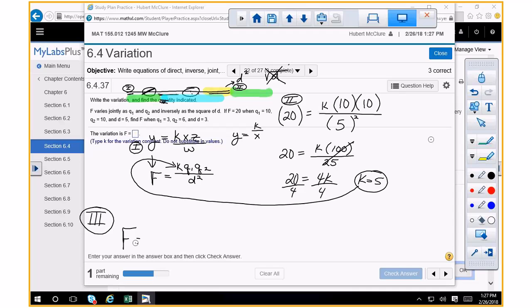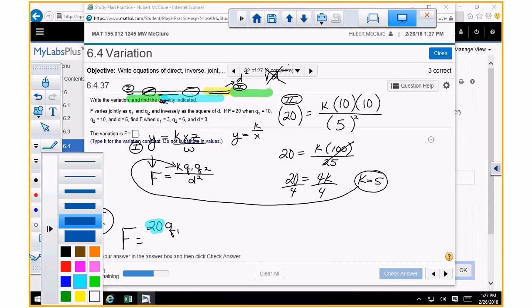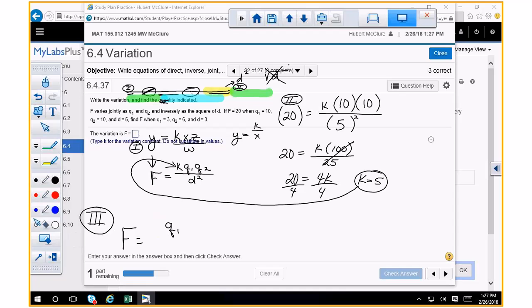F is equal to 20 times Q sub 1 times Q sub 2 over D squared, which is going to be 5 parenthesis over parenthesis squared.